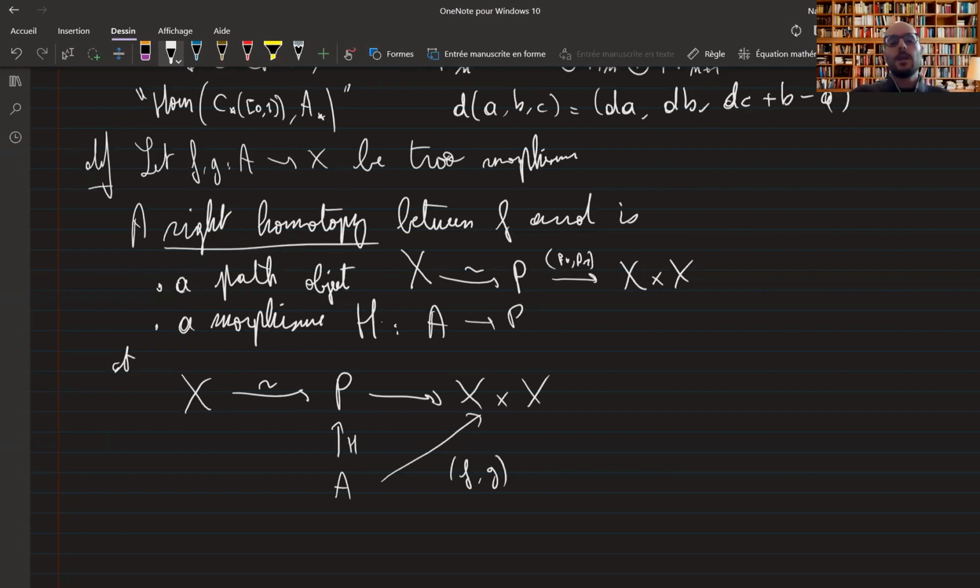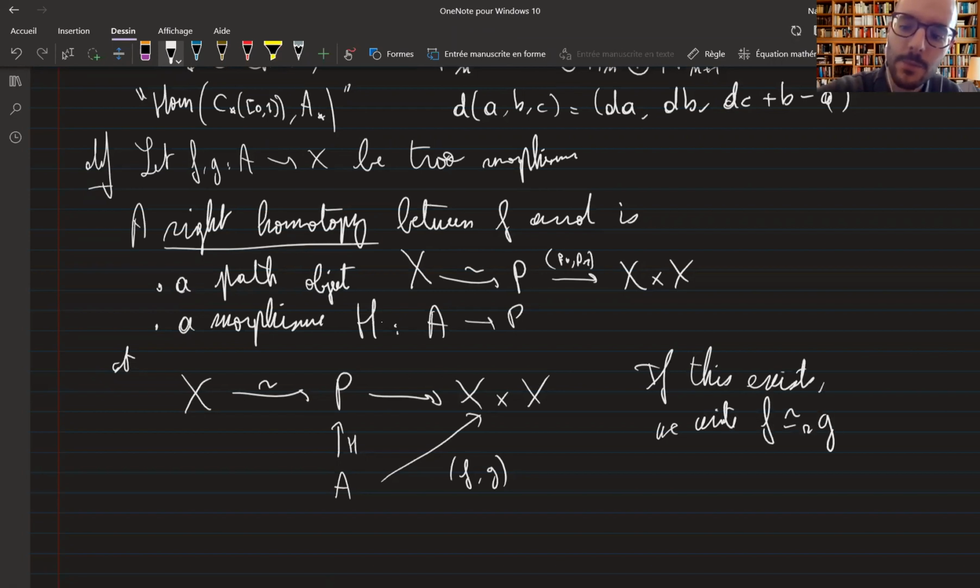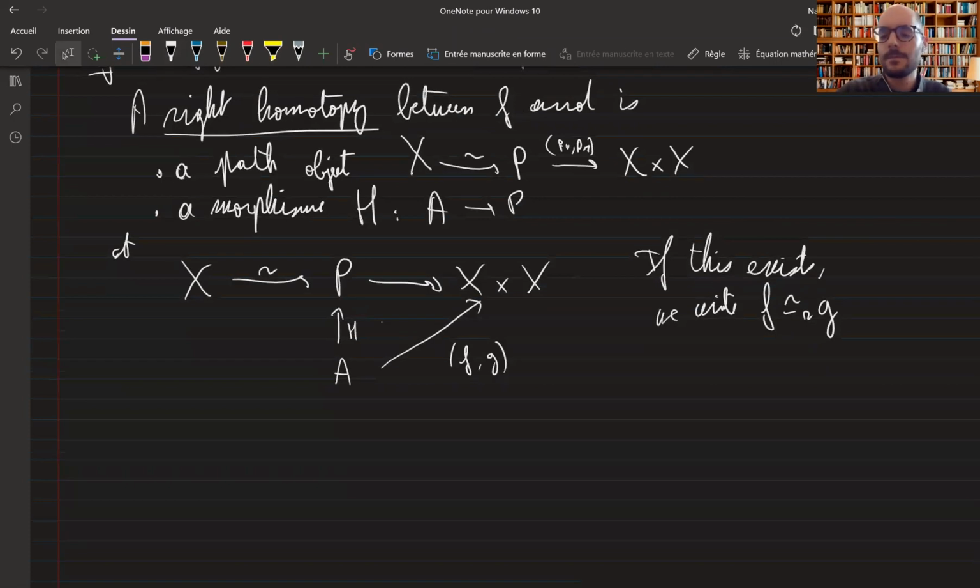So your homotopy, if you project it on the first factor, you have f, and if you project it on the second factor, you have g. If this exists, we write f is right homotopic to g. Okay, completely dual picture.